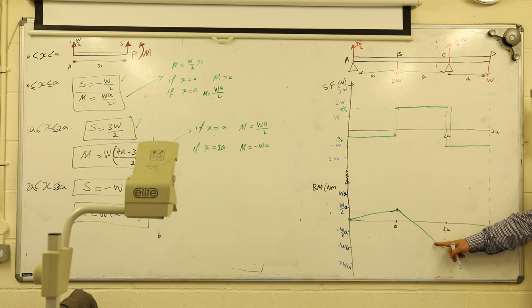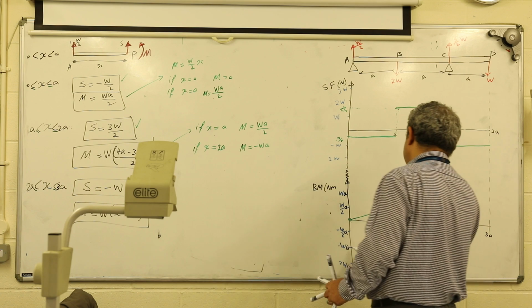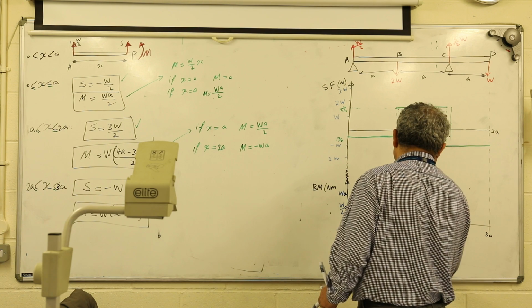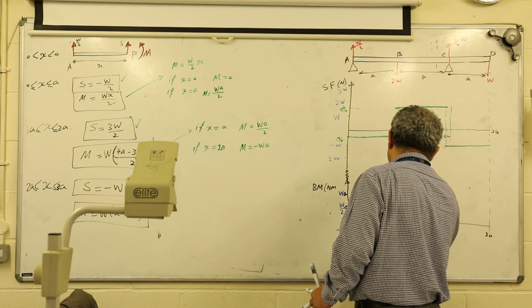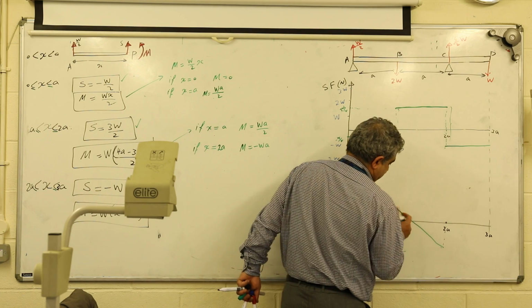This equation of line, where is the equation of this line? You don't follow it? No? What's the equation of this line? Where is this equation of line coming from?